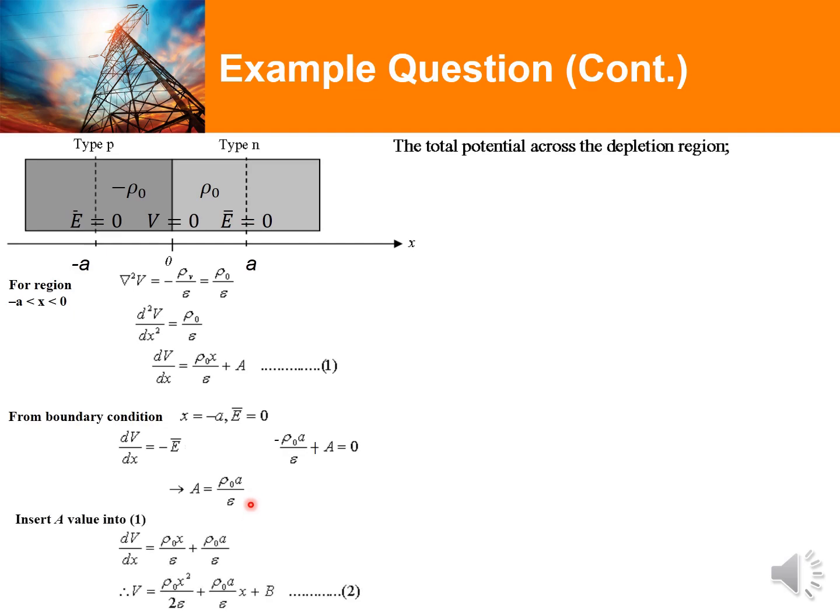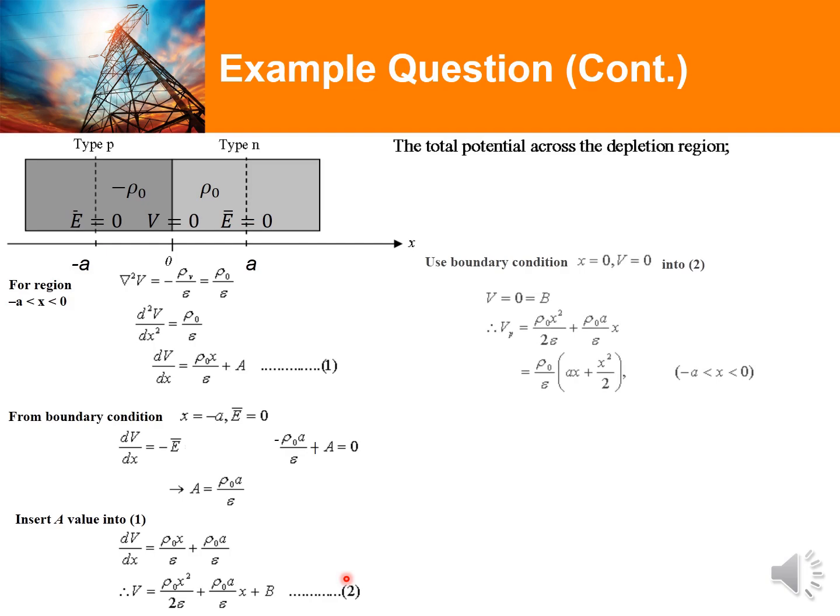Inserting this value of A into equation 1 brings us this relation. If we perform another integration, we will get V is equivalent to rho naught x squared divided by 2 epsilon plus rho naught a divided by epsilon x plus B, which we will note as equation 2.